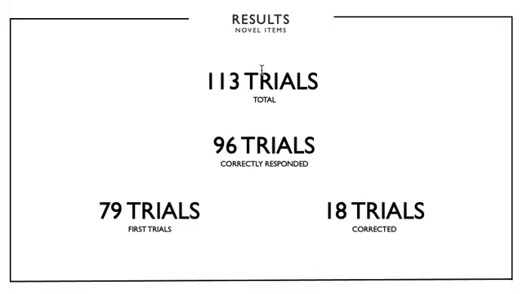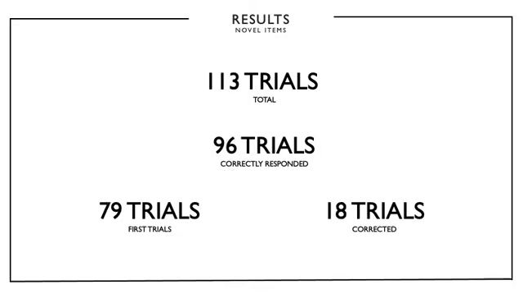Okay, so for novel items, there were 113 trials altogether, and he did correctly 96 times. Just now was 99 out of 129. That would be how many percent? Sorry, let me just get my calculator. 99 out of 129, so he got it correct 77% of the time for familiar items.